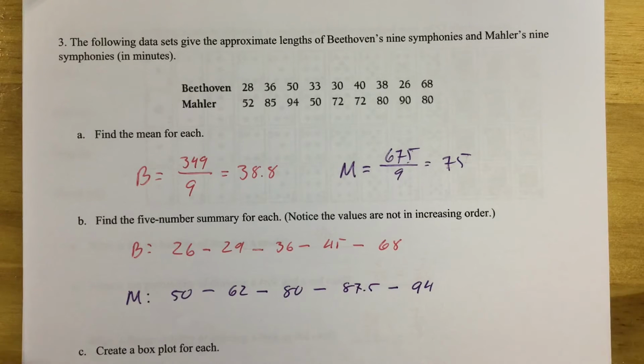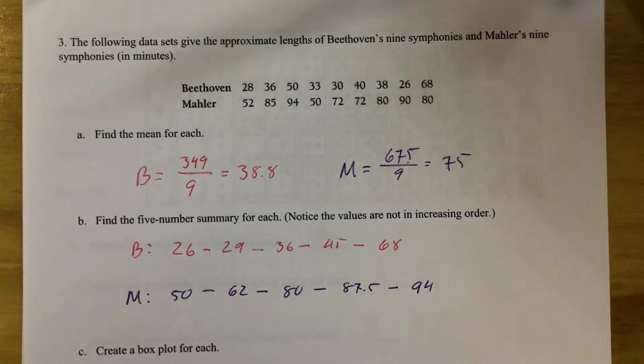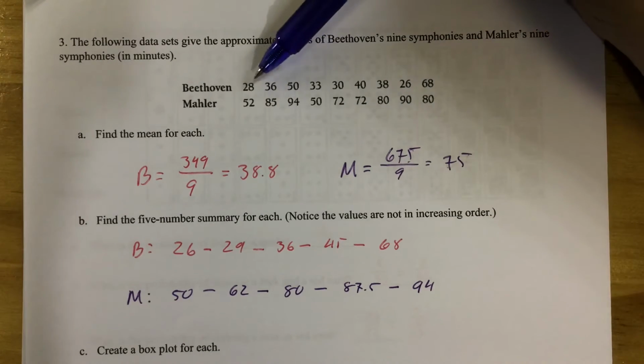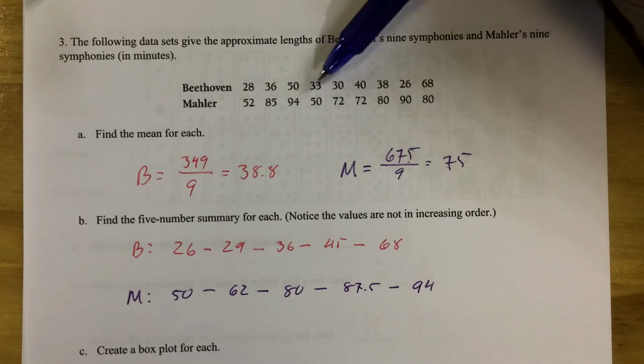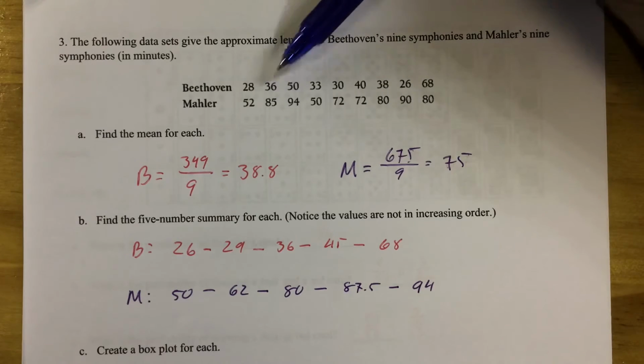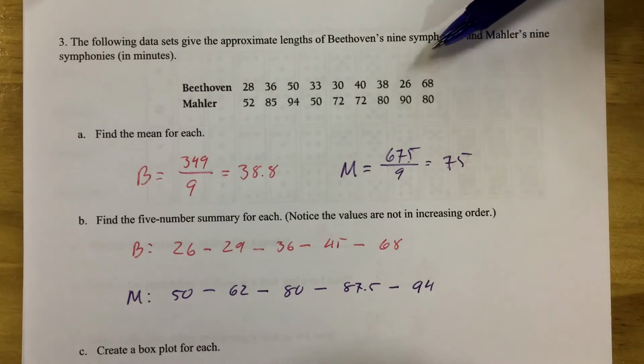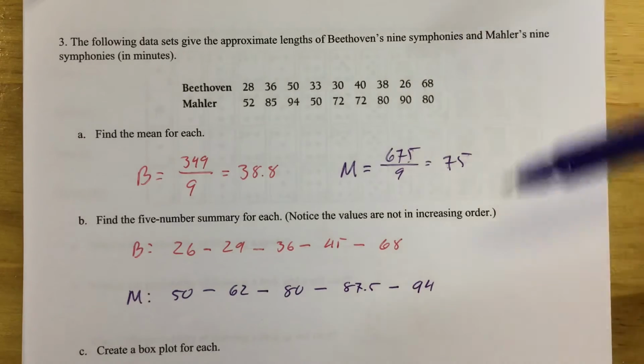For the 5-number summary, one thing that's important is that you get the numbers in order, preferably ascending order. In the top one, I guess in both of them, it starts to look good at the beginning because you have 28, you got 36, you got 50, they're increasing. Then all of a sudden you realize you got 33, which is a smaller number, and it would fit between these two. And then you realize, of course, they're all just out of whack. The same thing for the next data.